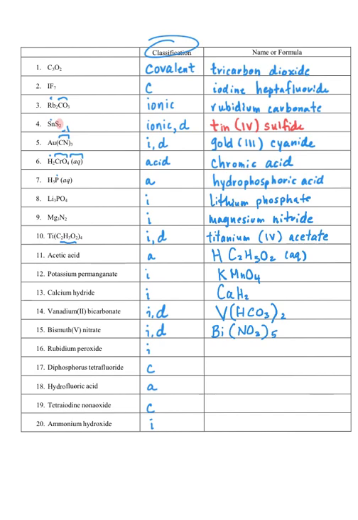For rubidium peroxide, we're dealing with rubidium with a +1 charge. We're dealing with peroxide, which is, according to our chart, O2 with a 2- charge. In this case, we need 2 rubidiums to balance the 2- charge on that peroxide polyatomic anion.